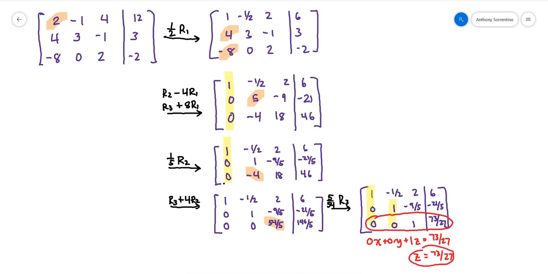This equation here is the same thing as saying 0x plus y minus 9/5 z, which we know is 73 over 27, equals a negative 21 over 5.